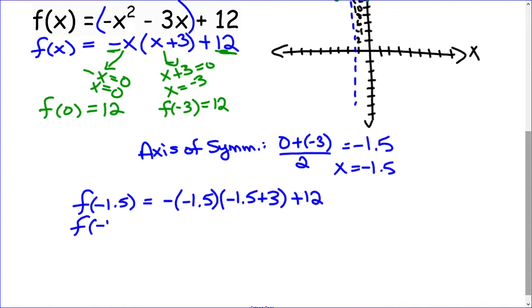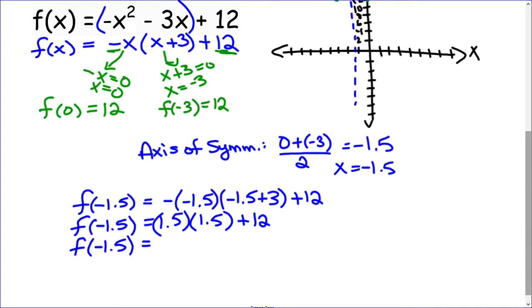So f at negative 1.5 is going to be a negative times a negative is a positive, so that's 1.5. And then negative 1.5 plus 3 is positive 1.5, and then plus 12. So it looks like this thing's going to be 14.25.